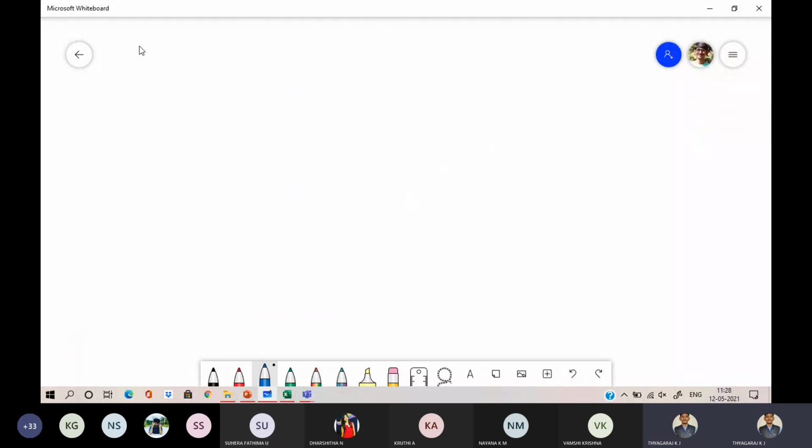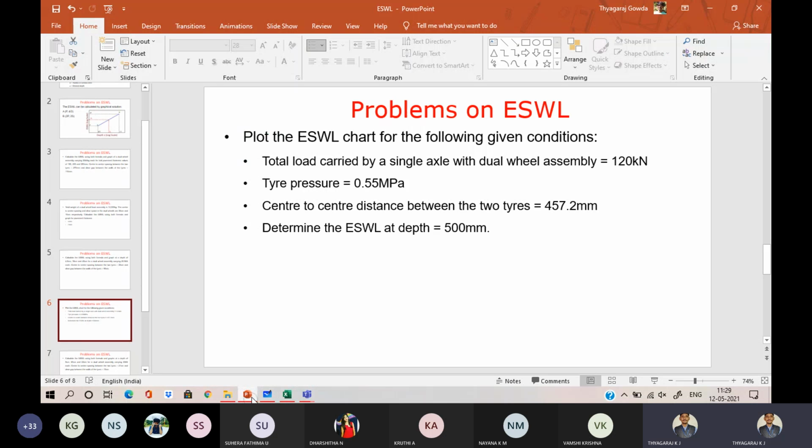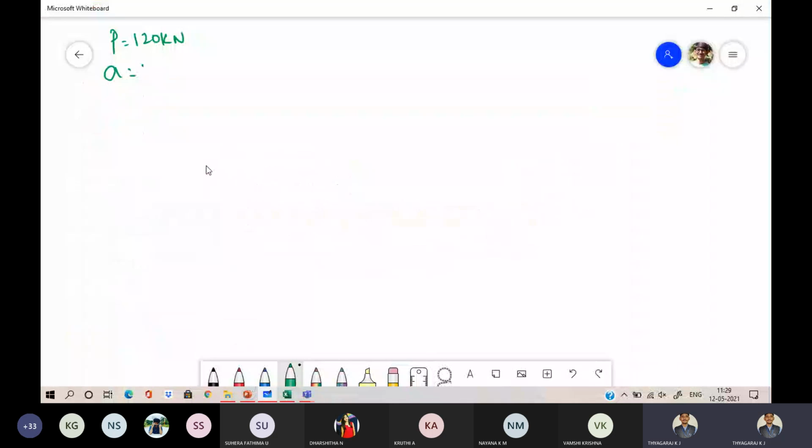So what is the P value they have given? Load, 120 kilonewton. Then what is the small p they have given? Total pressure they have given, the small p as 0.55 MPa.